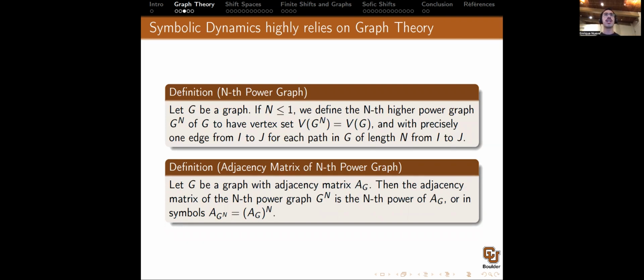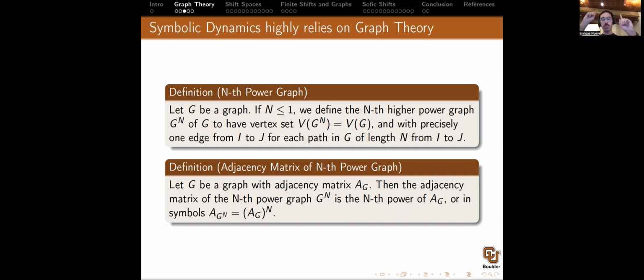These terms, the nth power graph and the adjacency matrix of an nth power graph: let G be a graph, and n greater than or equal to 1. We define the nth power graph G^n of G to have vertex set V_G^n equal to V_G, and with precisely one edge from I to J for each path in G of length n from I to J. All this definition is saying is, what are the edges of this higher power graph?